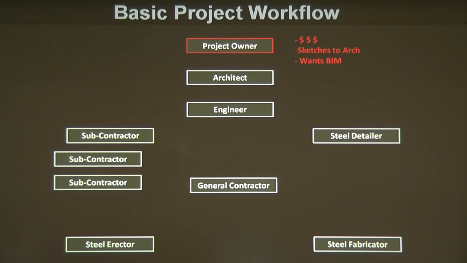What does that mean? Do they want a 3D model when they're done? Do they want to use it for facilities management type thing? It's kind of hard to understand that today. It's not real clear. The legal is a little bit further behind than what the software is. And I think that's always been the case. So the note for this slide is the project wants BIM, but they're not really defining it too well.